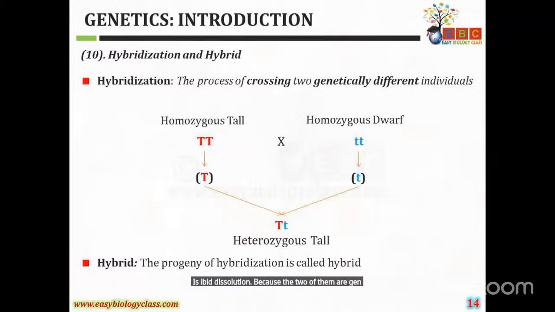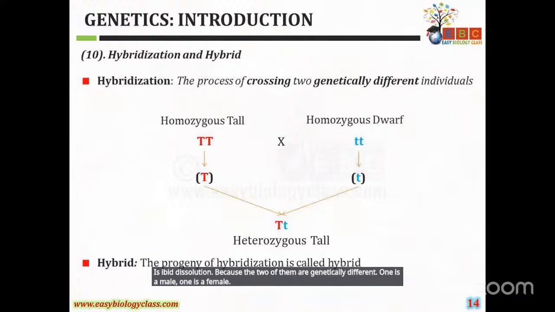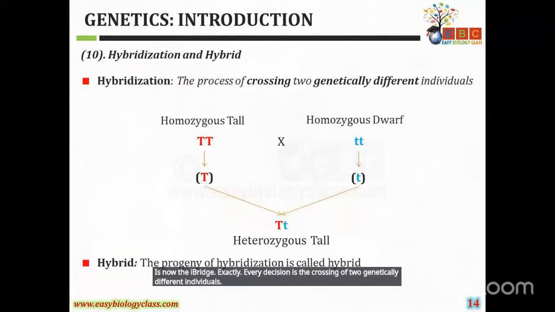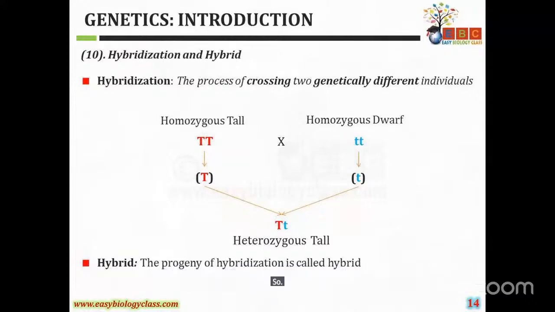One is a male, one is a female. Whatever they produce is now the hybrid. Is that clear? Hybridization is the crossing of two genetically different individuals. So a male with a female, crossing the two of them is hybridization because they are genetically different.